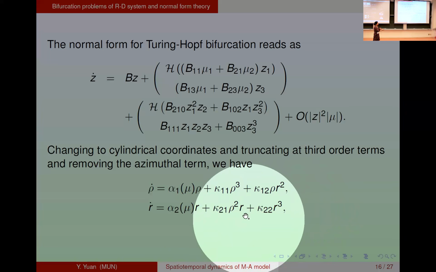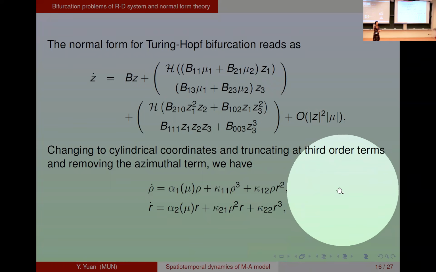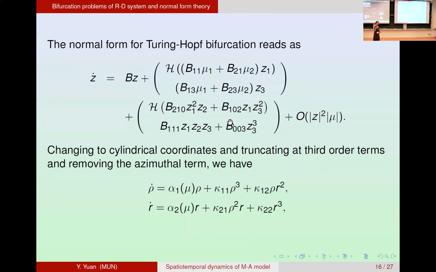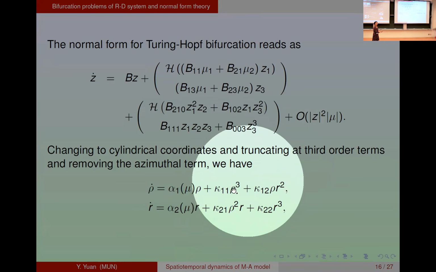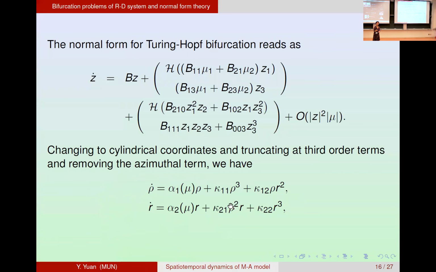Normally, if the coefficients in the third order are non-zero, then it is enough. This for Turing-Hopf is related to three dimensions, but we can ignore the azimuth form and just keep the z-axis and the radius in the polar coordinates, right? So it is here.